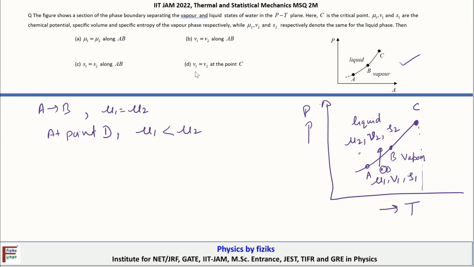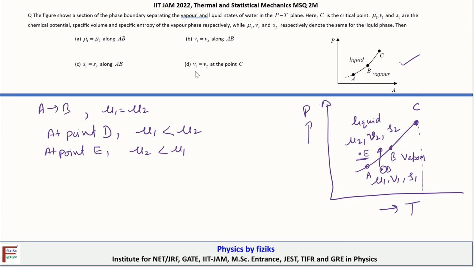Similarly, if you consider another point somewhere here in the liquid phase, let's call it point E. At point E, the relationship between the chemical potentials will be mu2 smaller than mu1. So therefore what we conclude is that along line AB the chemical potential is identical.